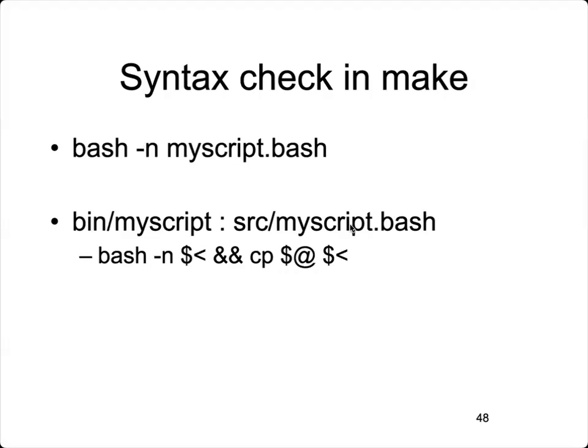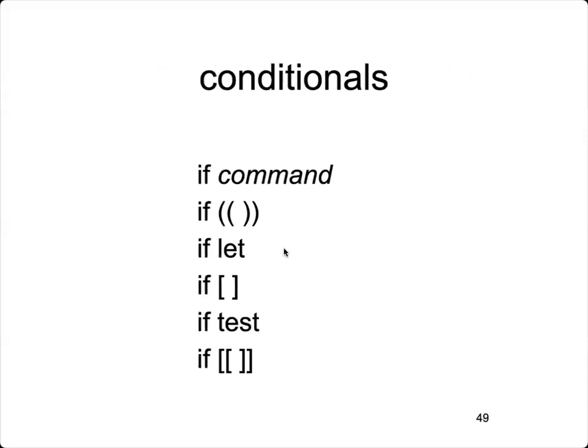So in any of our projects that use Bash, we have, and here's a sample how to do it in Makefile. So you do bash, syntax check it. If that succeeds, then copy it to the target file. And I might have those reversed, actually.